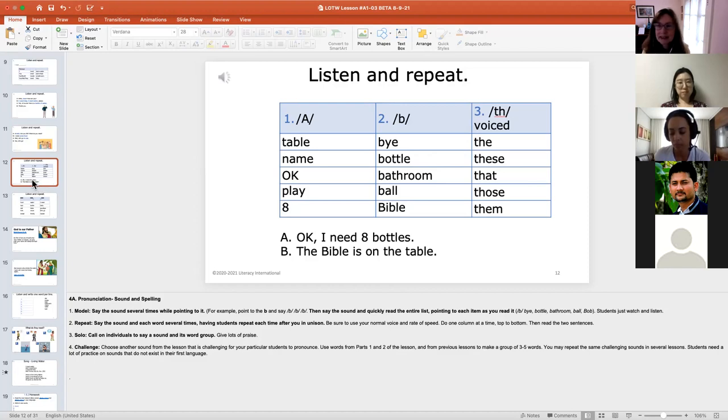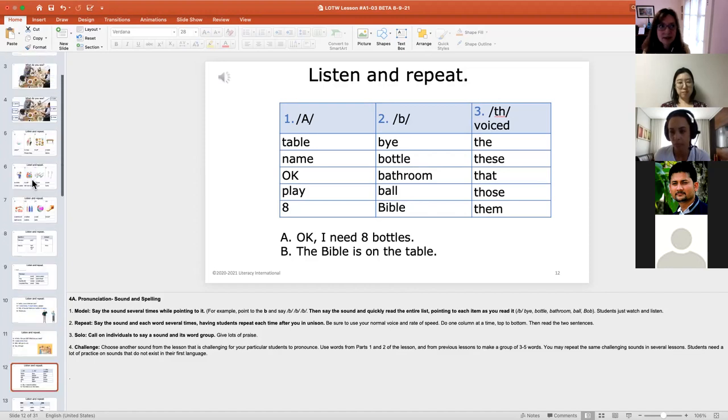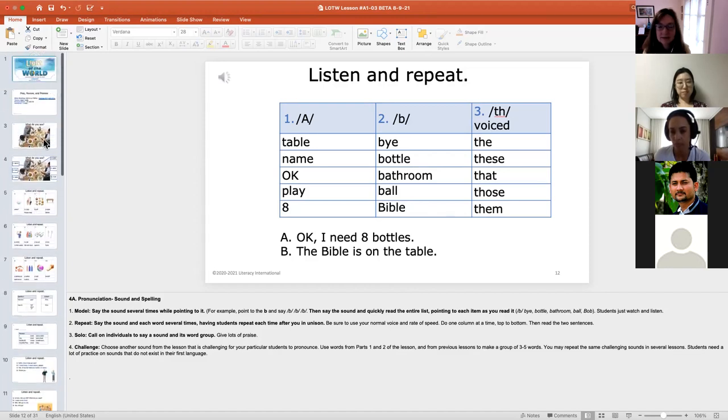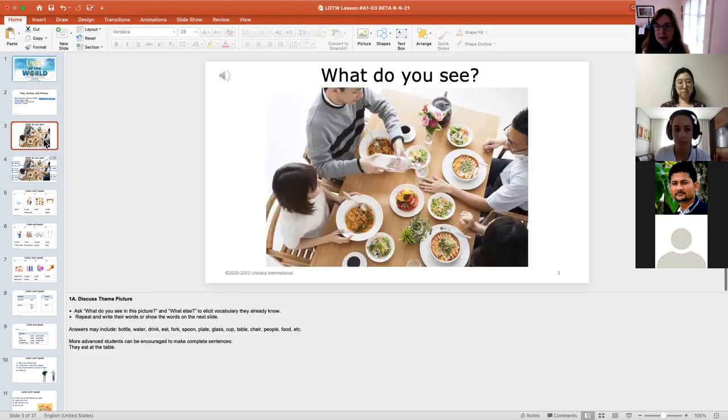But generally, even if you don't do research, you're going to pick it up just from the beginning of your lesson. So as you're doing things like the theme picture, if they call it a pottle of water instead of a bottle of water, you're going to know that they have that problem.